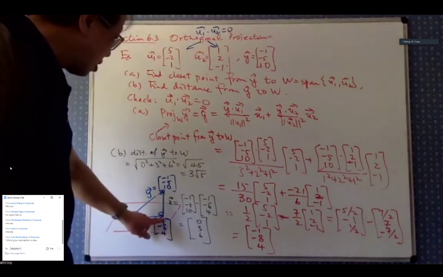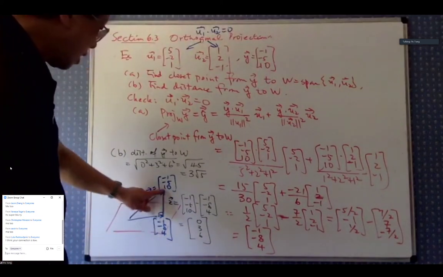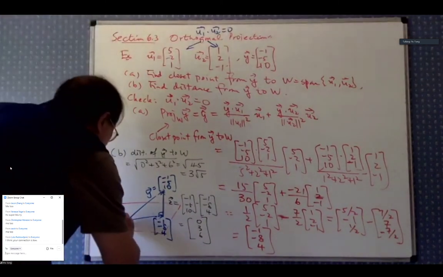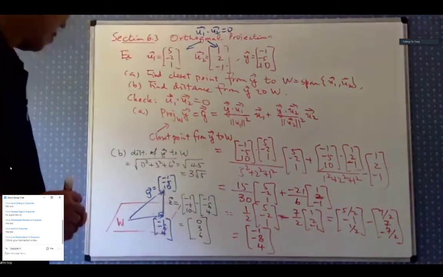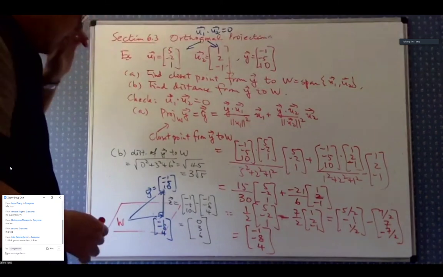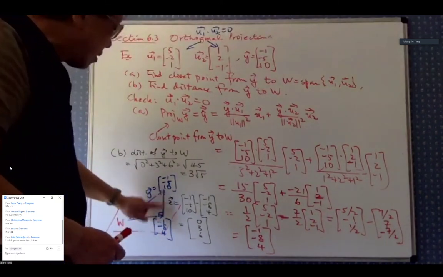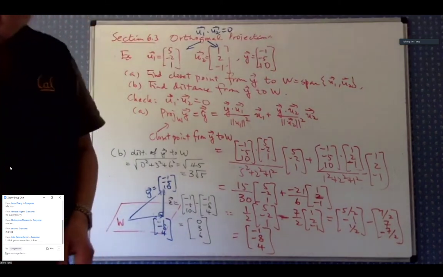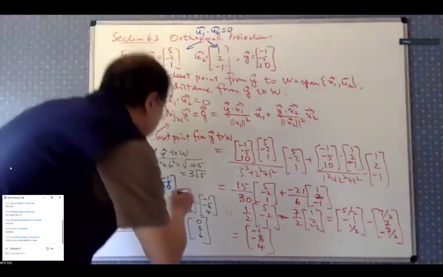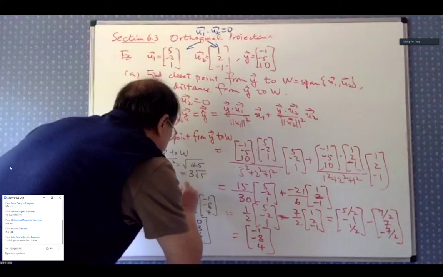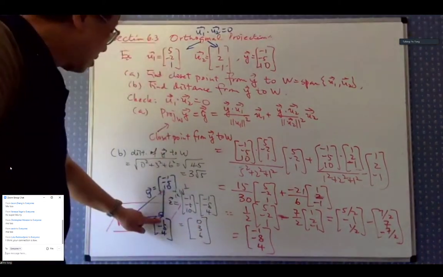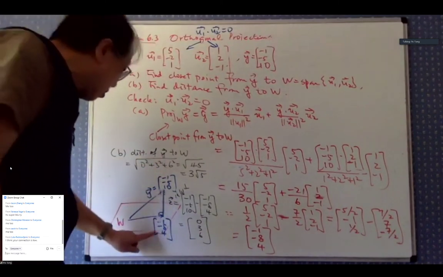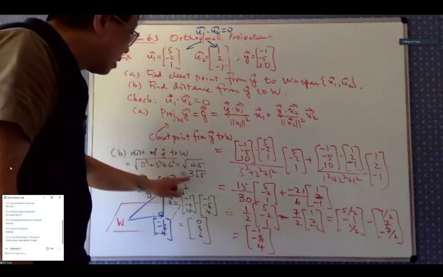Then this is the closest point from Y to the plane W, to the subspace W. The difference between the two is this vector Z. Z is in W perp, it is perpendicular, and the length of this will be the distance of the point to the subspace, in this case the plane.